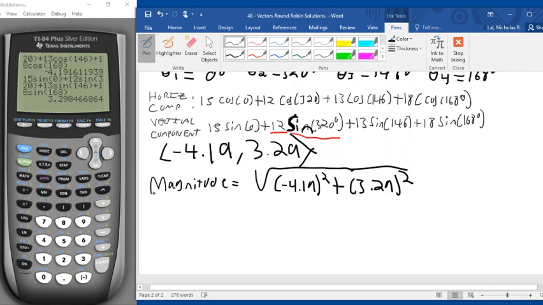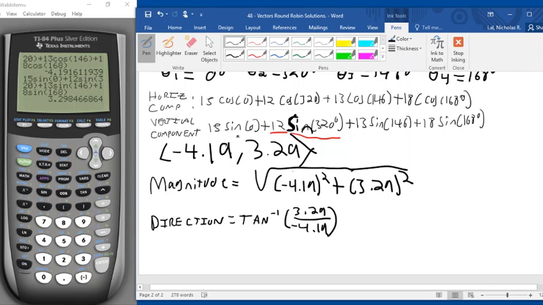And our direction is going to be equal to the inverse tangent of y over x. That's going to be 3.29 over negative 4.19.